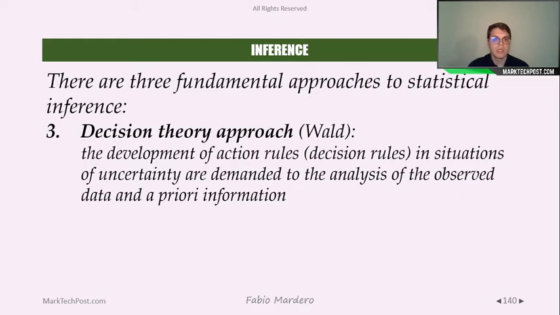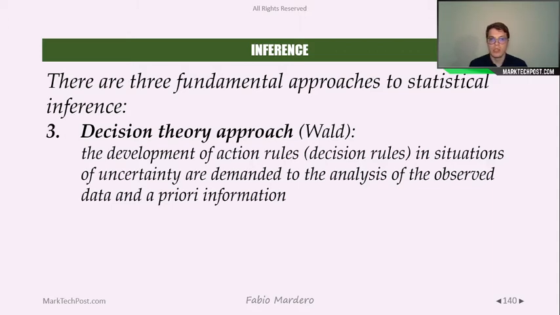Third, but not last, is the decision theory approach. In particular, the decision theory approach does not refer to parameter estimation and hypothesis testing. It is a particular branch of statistics in which what are developed are the action rules, called decision rules, which in situations of uncertainty are demanded to the analysis of the observed data and a priori information.